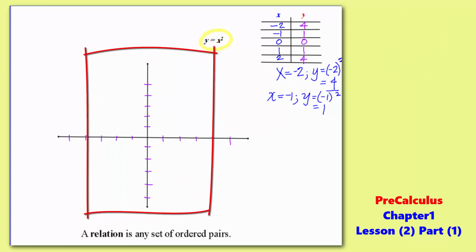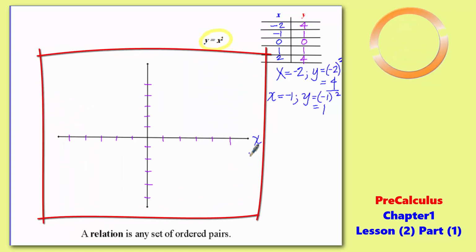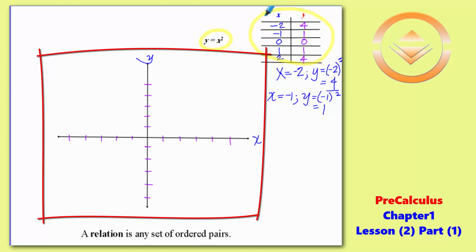This is our x-axis. This would be our y-axis. Now we're going to define the relationship. Again, we define a relation here. There is a relation of x and y values here.